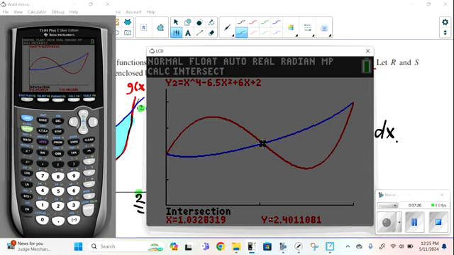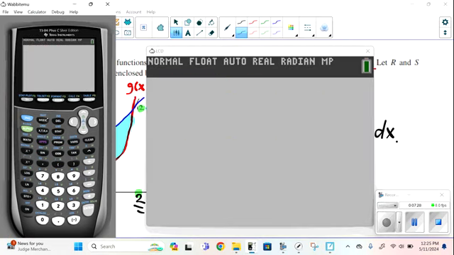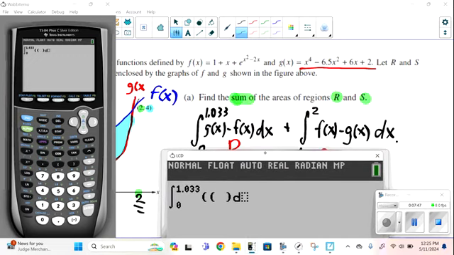So let's quit out of here. Math 9 is my integration from 0 to 1.033. Here we go. Let's do, and I'm going to put parentheses around each function. So the first one is g of x minus f of x.